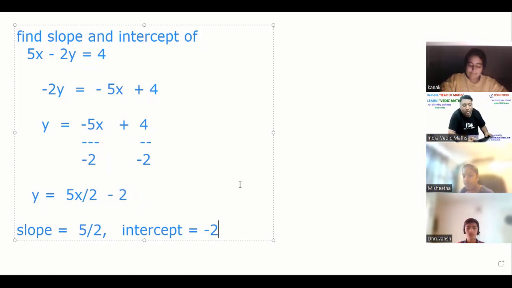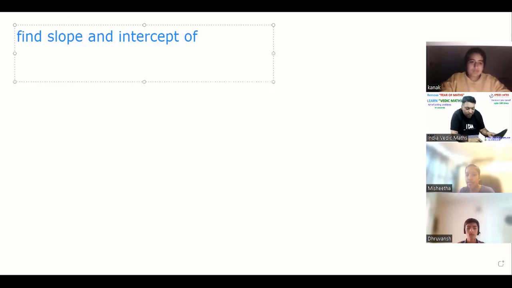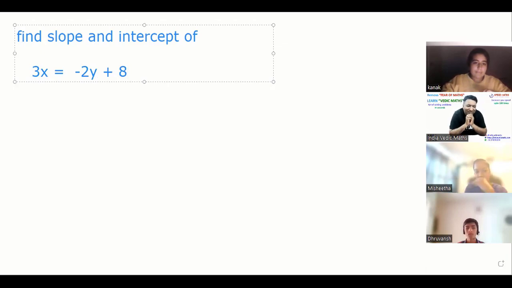Okay, let's try one more because I want all of you to be super. Find the slope and intercept of 3x equal to minus 2y plus 8. Try, everybody. I want slope and intercept again.